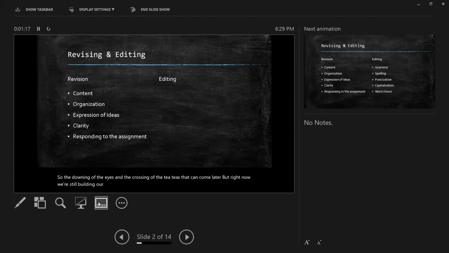So when we think revision, we're thinking of content. What details can I add? What else can I discuss in draft number 2 to help me reach 4 pages? And not only to help you reach 4 pages, but to give your reader some insight into your experiences.